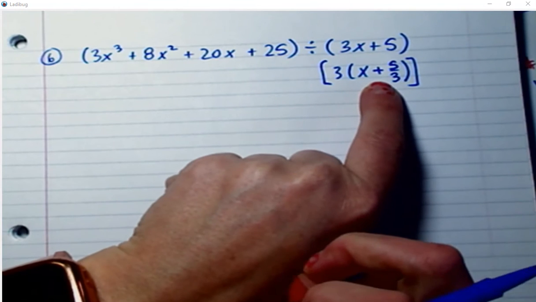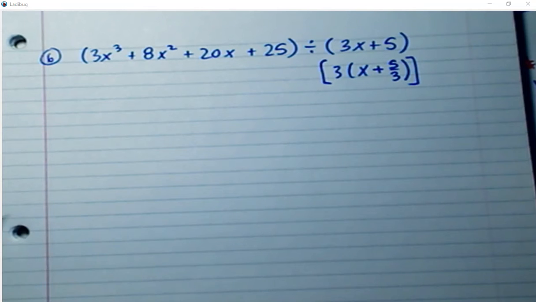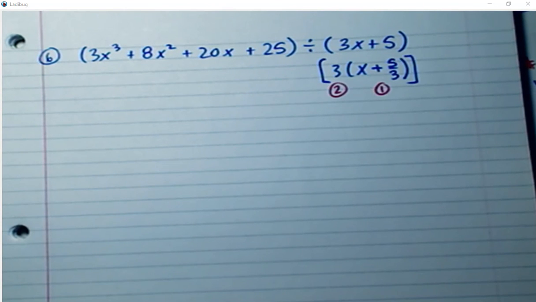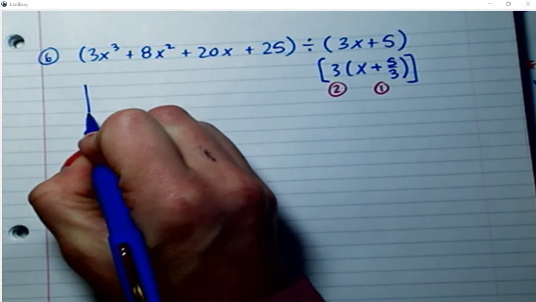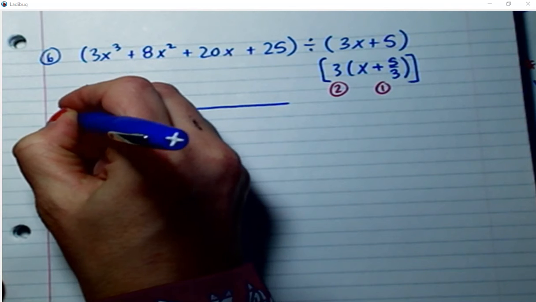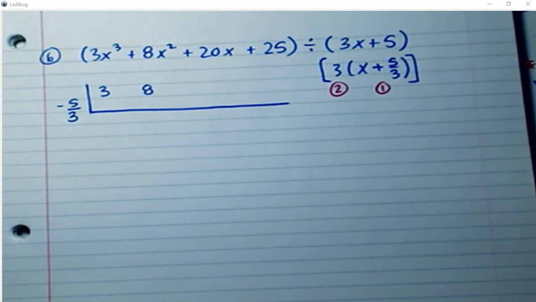You're dividing by a different factor, similar but different. Synthetic division can be used with a linear factor, but if it has a number in front, you've got to account for that number. So 2 steps, 1 step, 2 steps. Let's just do the first step, with minus 5/3. I'll wait for you, and then we'll do the 3 together.